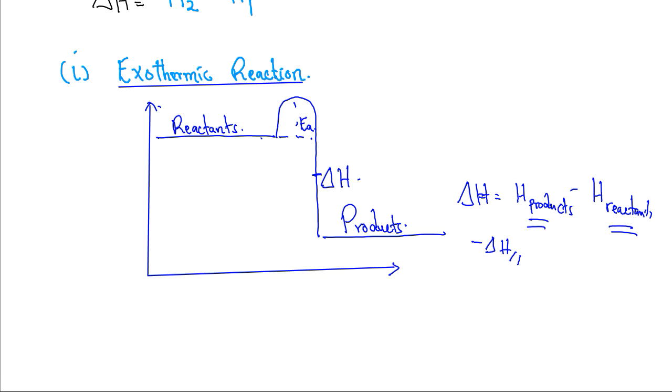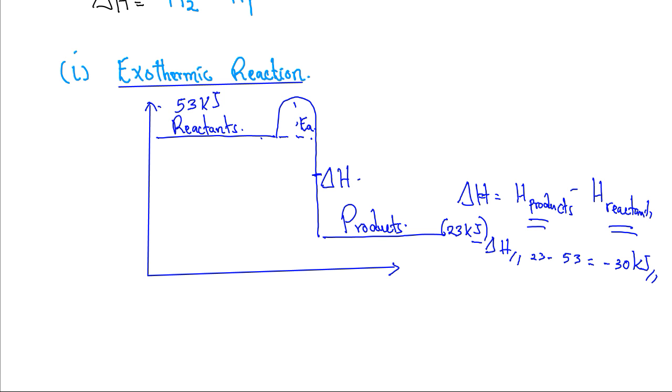For example, if we have the enthalpy of the products to be 23 kilojoule, then that of the reactants maybe to be 53 kilojoule. Now, our delta H has to be 23 minus 53, which is exactly negative 30 kilojoule.